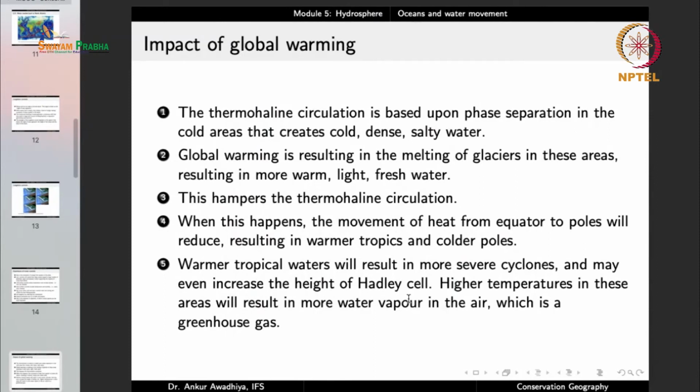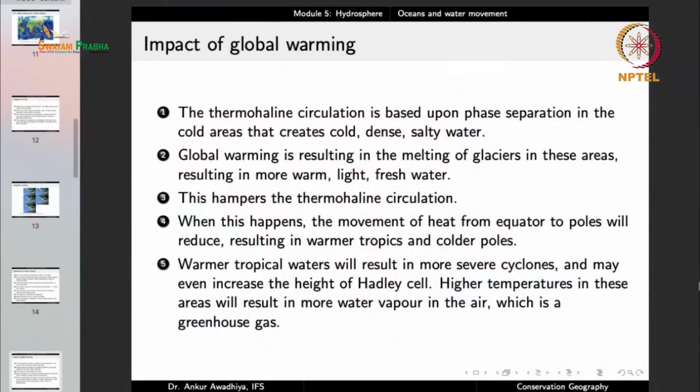And it may even increase the height of the Hadley cell. Why? If the areas are warmer, then we will have larger sized convection currents in the atmosphere. That would increase the size of the Hadley cell. So we will have changes in the atmosphere as well. And higher temperatures in these areas will result in more water vapor in the air, which is a greenhouse gas.